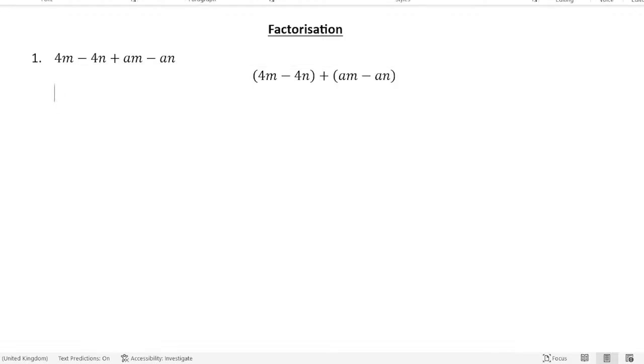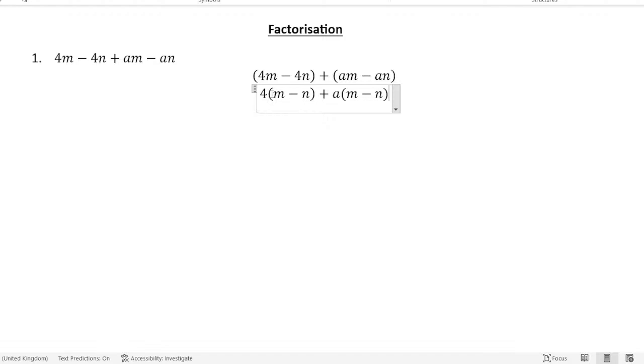Now we take out 4 and we're left with m minus n, then plus, we take out a and we're left with m minus n, right?